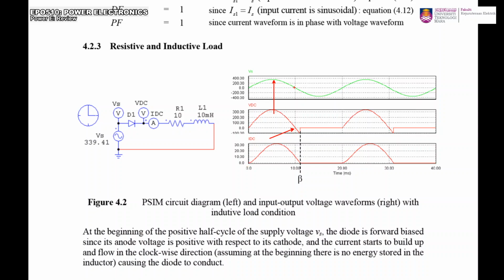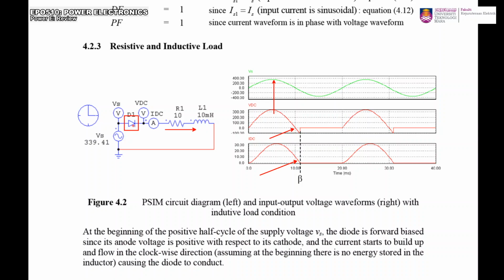Okay. When it crosses into the negative half cycle, the diode here is actually reverse biased, because it's a negative voltage. But if you look further, the current is still flowing in that direction because you have the stored energy in your inductor. Therefore, it causes the diode to stay on.